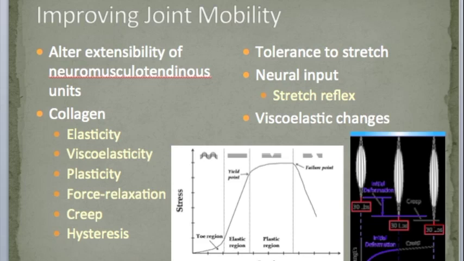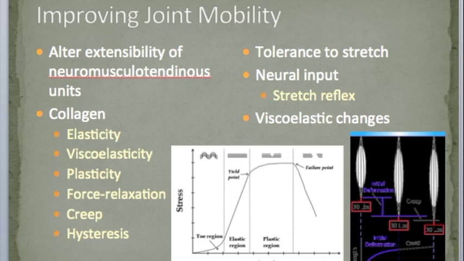All right, how do we actually improve joint mobility? We talked about the principles of training. Remember, we talked about the overload principle. So if you are overloading a system, it has two options. It can either adapt or it can fail. So with improving joint mobility, we definitely want the system to adapt.